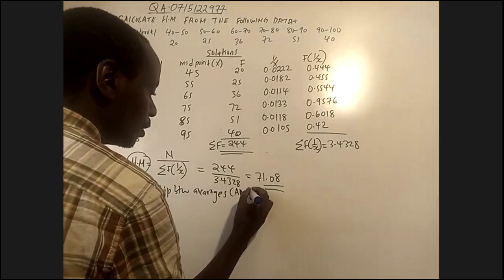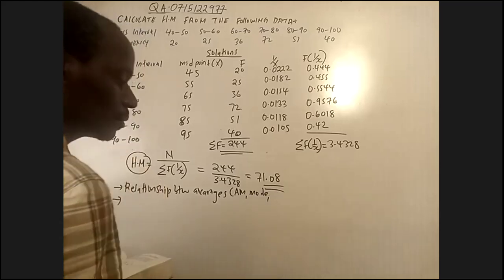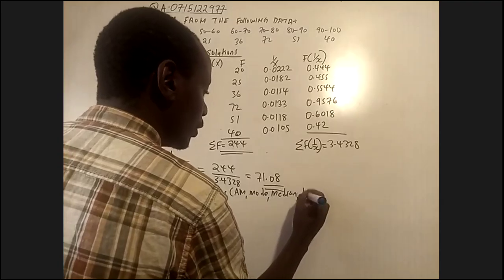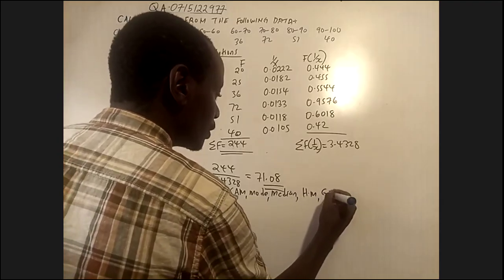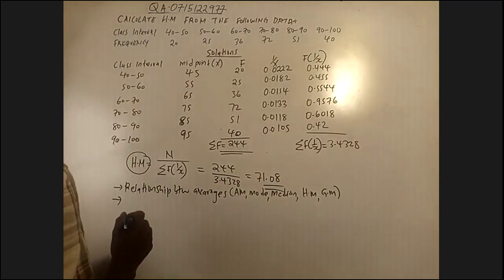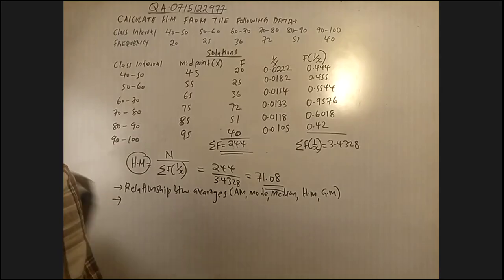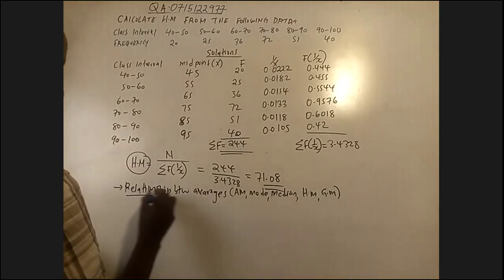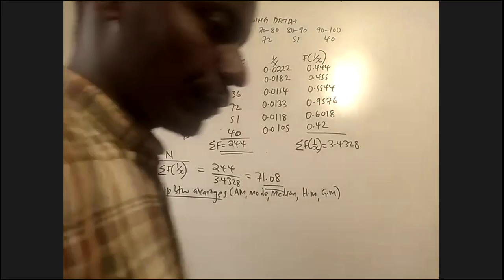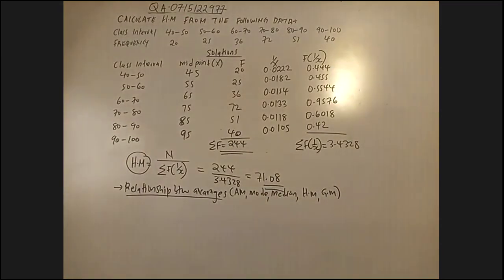Arithmetic mean is an average, mode is an average, median is an average, harmonic mean is an average, geometric mean is an average. So you need to know that. I will share the relationship that exists between all the averages in PDF. Now any question concerning that one?